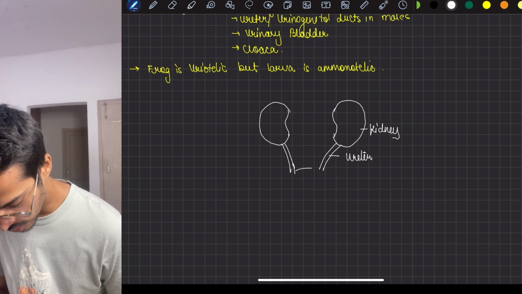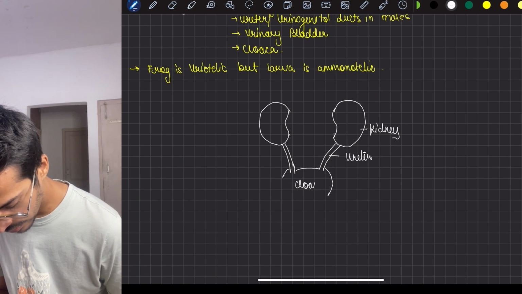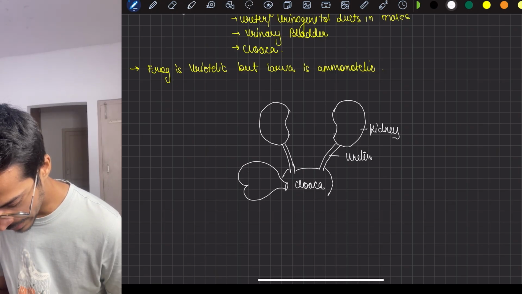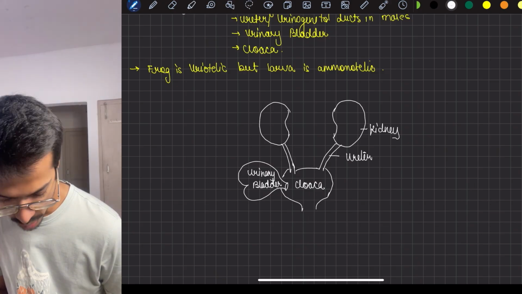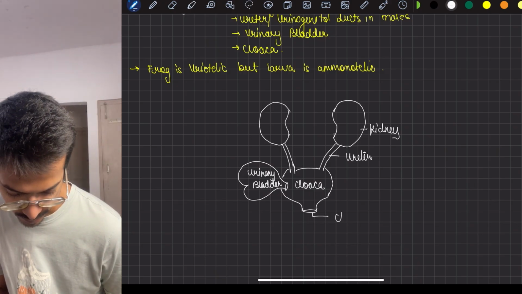They open into the cloaca, whereas along with it a structure is present called the urinary bladder. But this is what? The cloacal aperture.